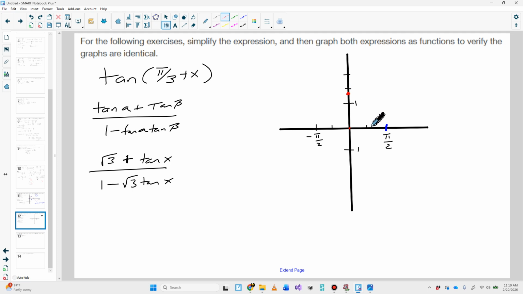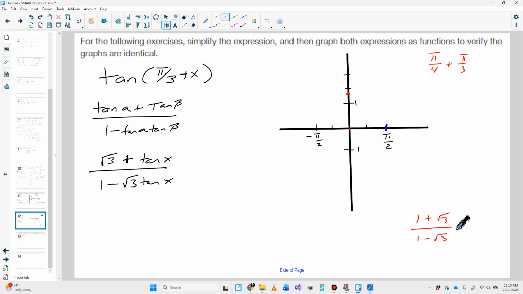If I plug in pi over 4, well, we need pi over 4 plus pi over 3. The problem with this is that I really can't get this exact answer through this particular graph. I need to actually use this formula yet again. So the tan of pi over 4 we know is 1, plus the tan of beta, pi over 3, which is the square root of 3, over 1 minus, that's just 1 minus the square root of 3.